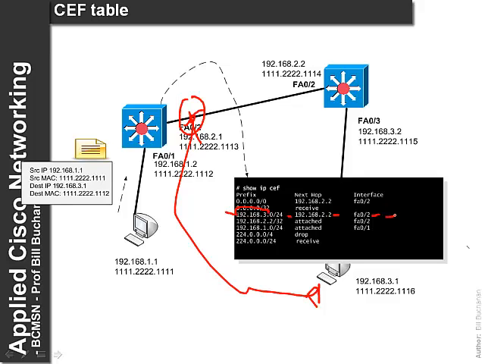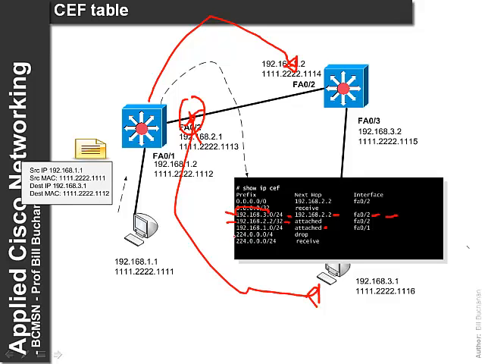And because in the routing table there is an entry for this, anything for 2.2, that's a complete network address, will be sent to the FA0/2. So anything for the .2 address will always be sent to there, and it's marked as attached.